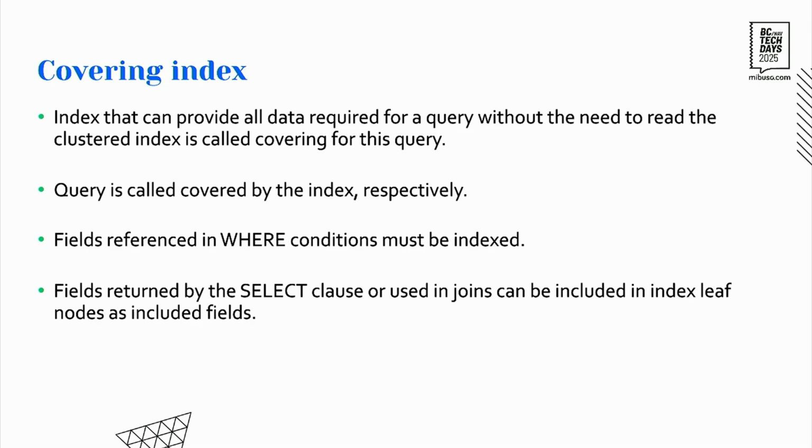And this is why covering indexes are often associated with included fields, because practically this is what the included fields property is used for. When we want to provide all the data necessary for a kind of query, we can have all selected fields in these included fields.